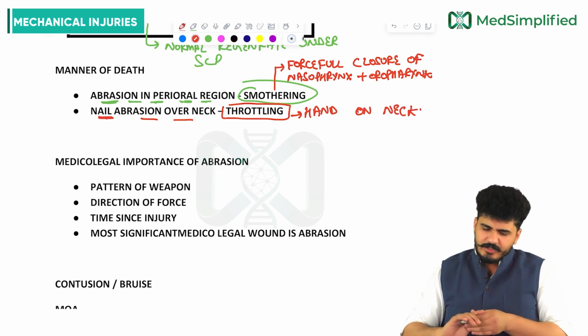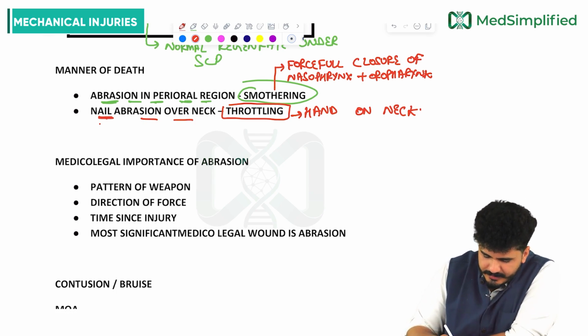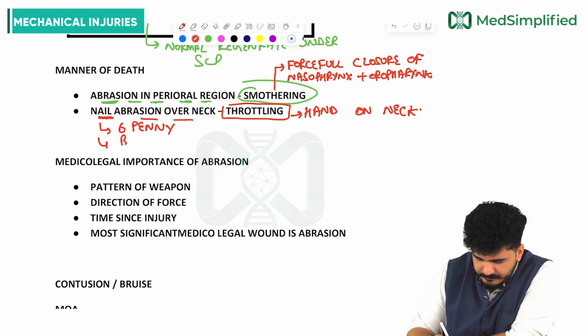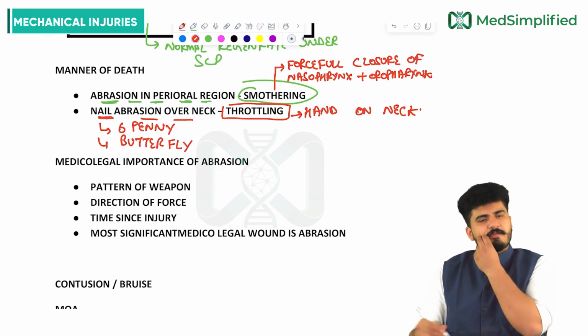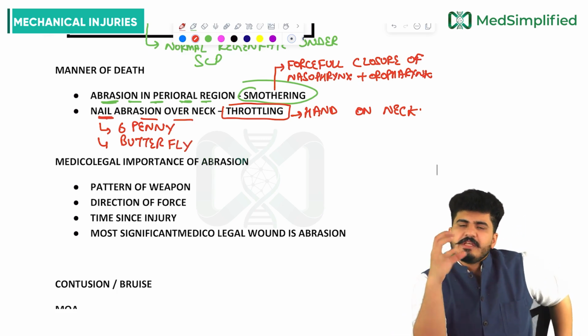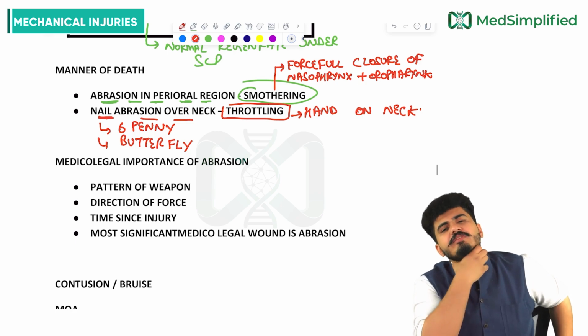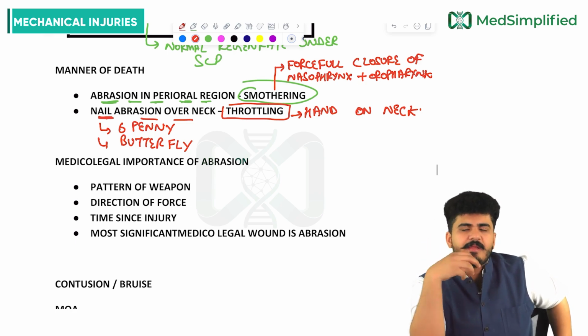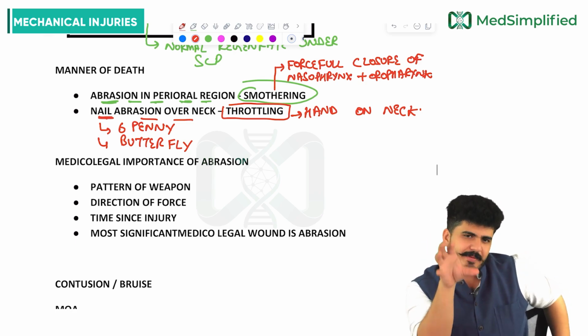Now my dear friends, two types of pattern you can see. One is six-penny, another is butterfly. If you are using your 5 fingers and you are just pressing it till the epithelium is crushed, it will lead to six-penny.